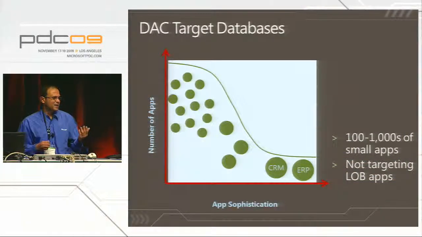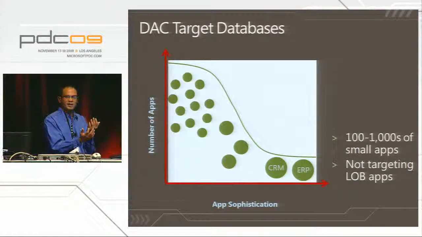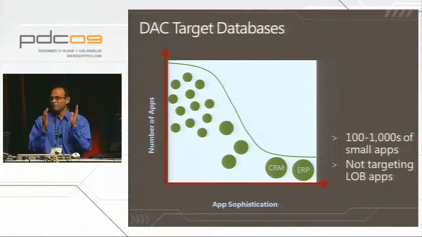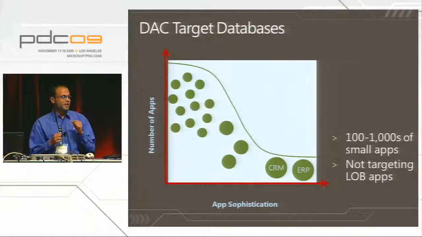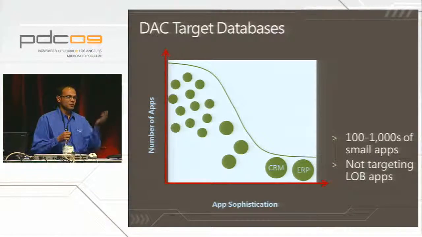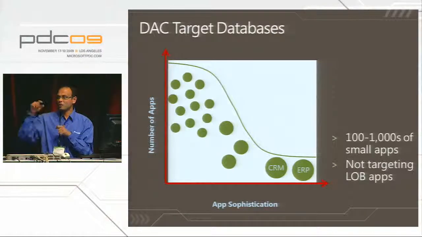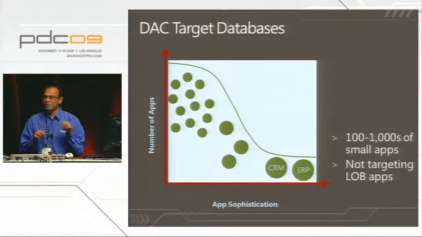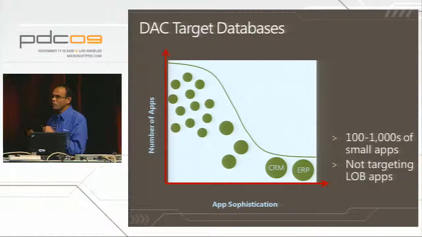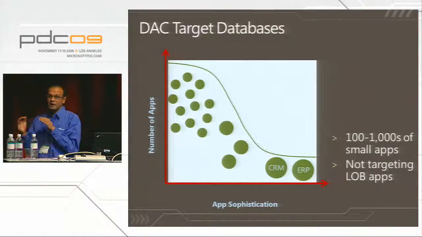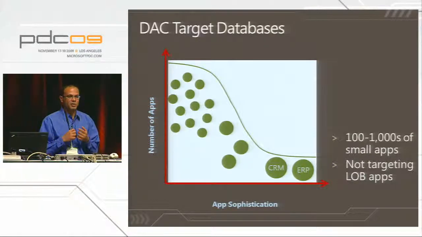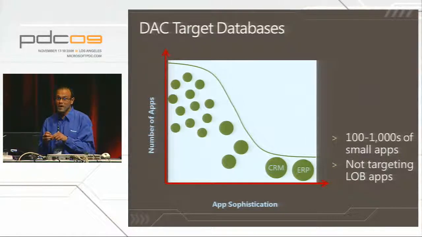If you look at this picture, we came up with it to explain the kind of databases we are targeting. As you go from the bottom to top, the number of apps is on the rise, and as you go from left to right, you have a few large enterprise-scale apps, which typically have dedicated IT or DBA staff to manage them.